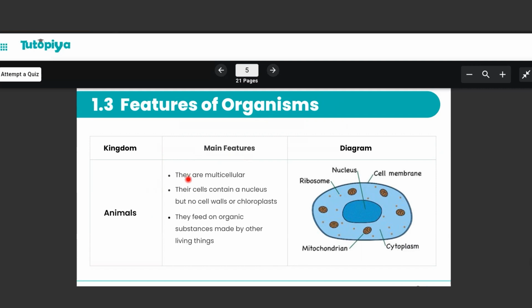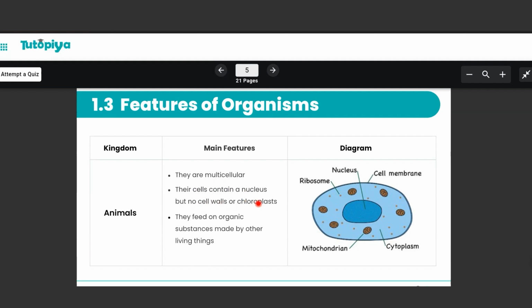First point, they are all multicellular, which means that the bodies of animals are all made up of many cells. They are many celled organisms. Their cells contain a nucleus, but no cell walls or chloroplasts.